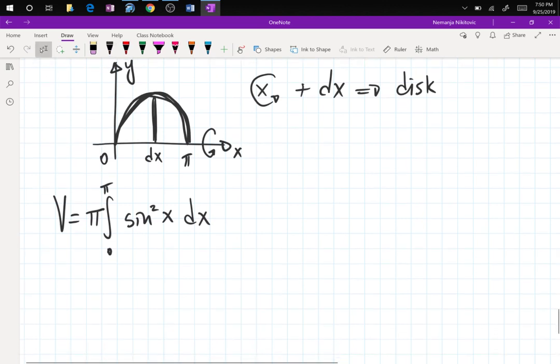This is a joke. Why is this a joke? Because you have the power reducing formula. There's no integration by parts. There is no u sub. This is a basic integral. You use the formula to reduce this to what? Very good.